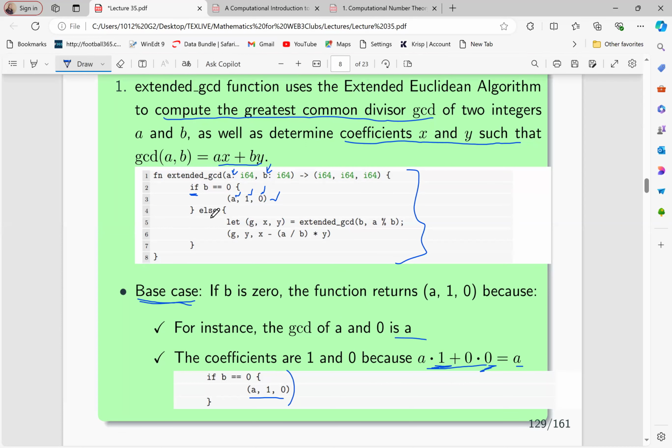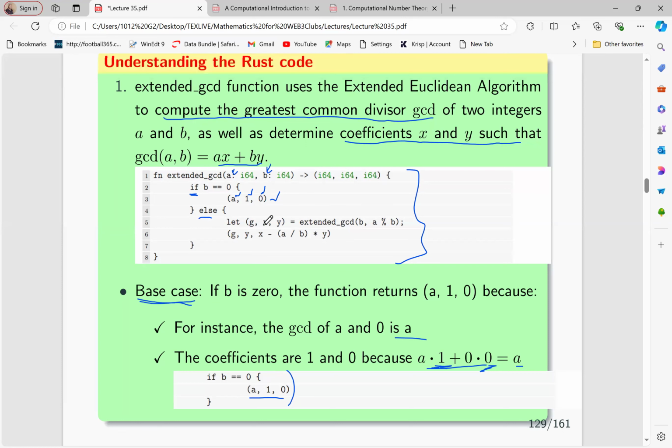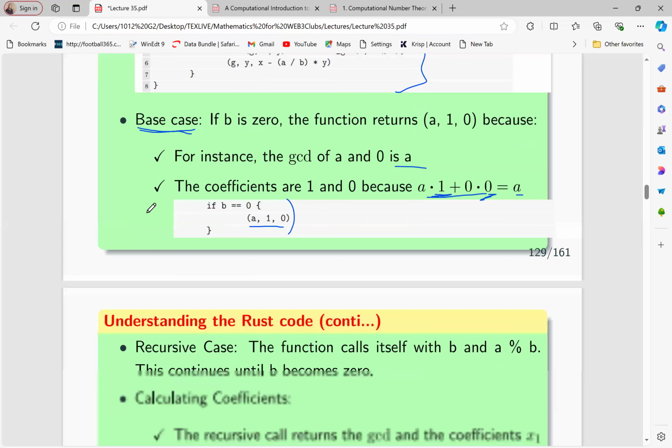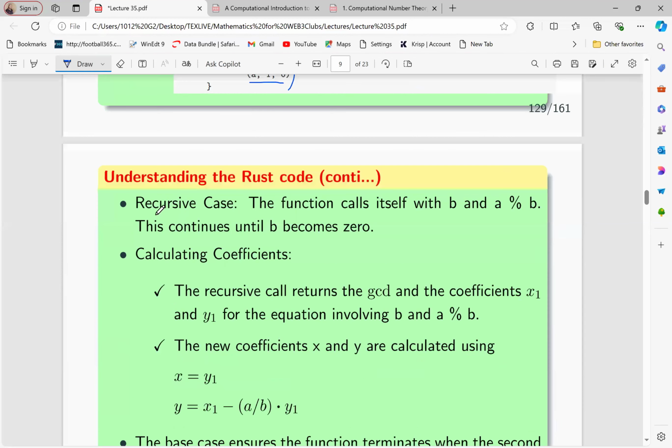Now, if B is not 0, then we begin with the Euclidean algorithm, finding the remainder at every stage as we proceed. So that is what it will then be doing. If B is not 0, we begin the recursive case. If B is not 0, the recursive case begins, so the function calls itself.